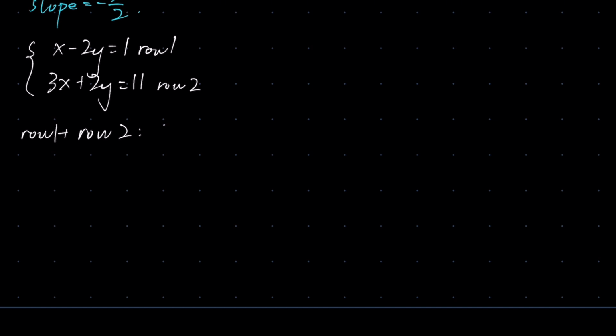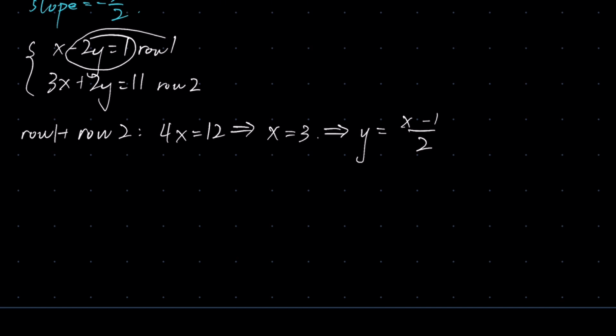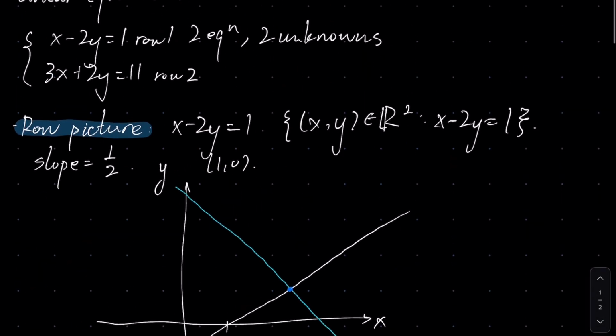Now this produces 4x is equal to 12, which implies that x is equal to 3. Now this also implies that y is equal to x minus 1 over 2 from equation 1, which means that y is equal to 3 minus 1 over 2, which is 2 over 2, which is 1. Nice. We have successfully found the point of intersection, which is also the solution to this particular system of equations.